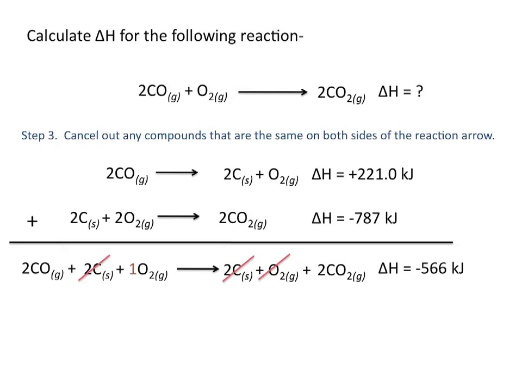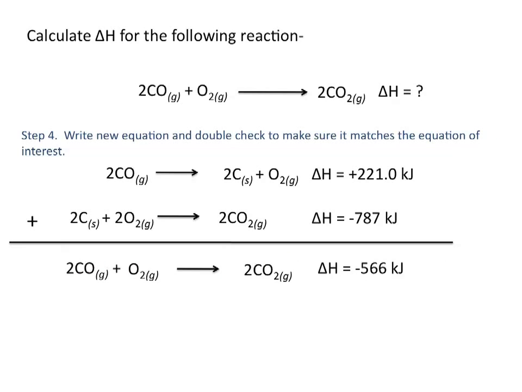And I can also cancel out the 1 mole of O2 on the product side with 1 mole of O2 on the reactant side, leaving me with the final equation 2CO plus O2 goes to 2CO2. The last thing you need to do is double check that this equation matches your equation of interest, and in this case it does. So the delta H value for 2CO plus O2 goes to 2CO2 is negative 566 kilojoules per mole.